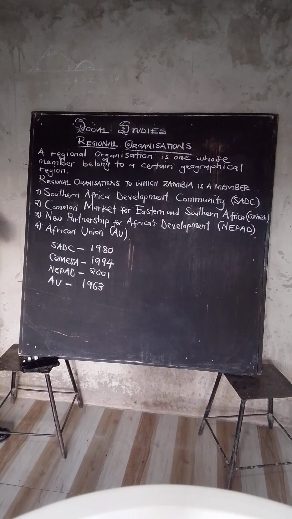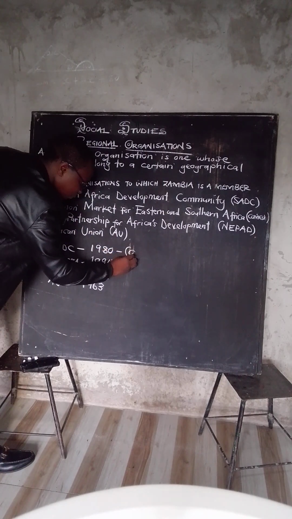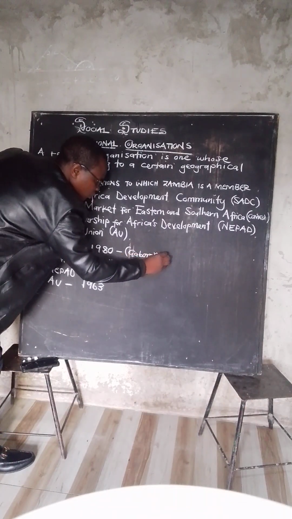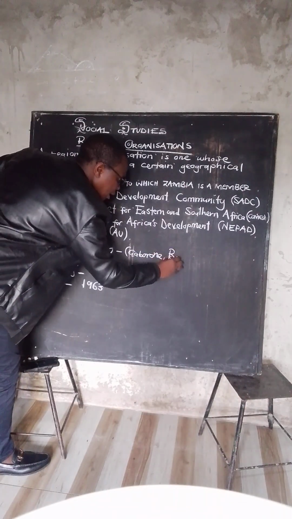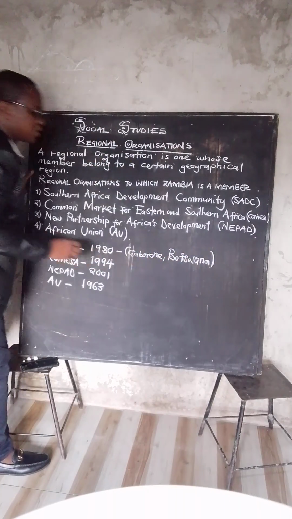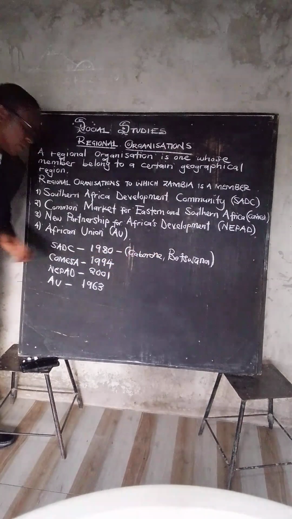The headquarters of SADC, where are they? The headquarters of SADC are in Gaborone, Botswana. If you're asked where the headquarters of SADC are, they are in Gaborone, Botswana.